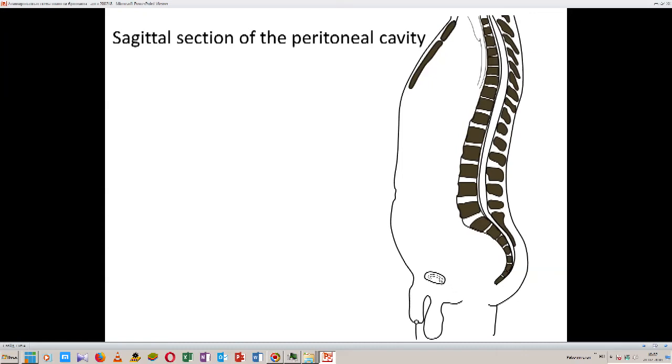Now the symphysis pubica, the place where two coxal bones are gathered with each other.